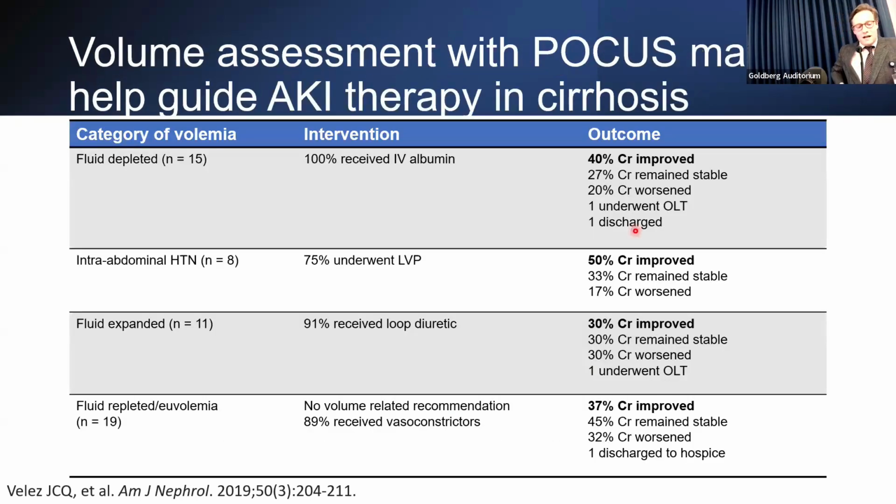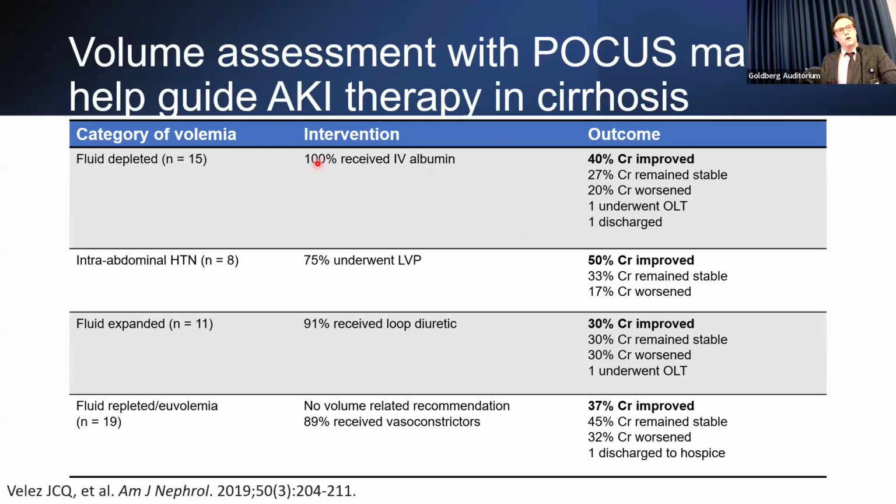When we looked at that, it's not great. A third got better, a third got worse, a third stayed the same. That's not a great intervention. But I think it did identify patients that, despite getting the typical albumin infusion, were still volume depleted. And by giving them more albumin, they did get better.